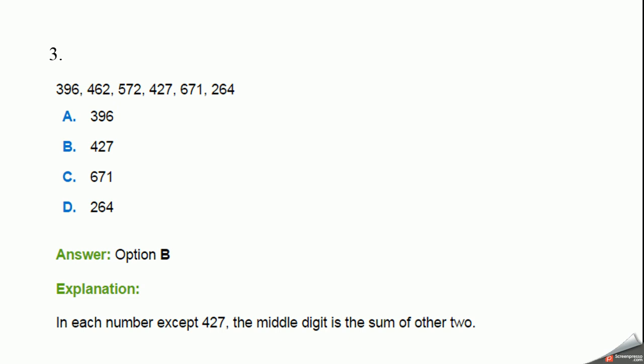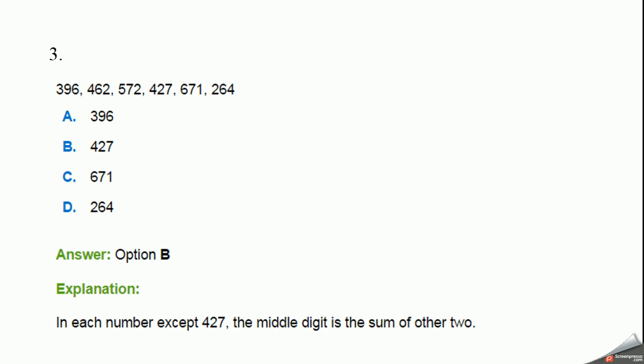In 396, when we add the first and last digit, we get the middle number. In the second number, 4 plus 2 gives 6. In the third number, 5 plus 2 gives 7. But in the fourth number, 4 plus 7, we don't get 2. It means it's the odd number.